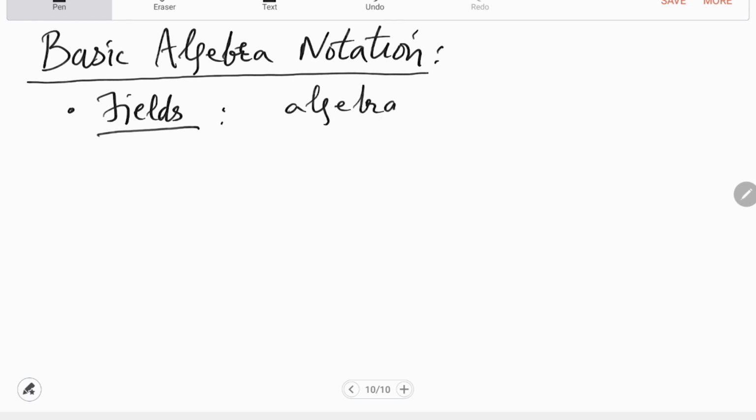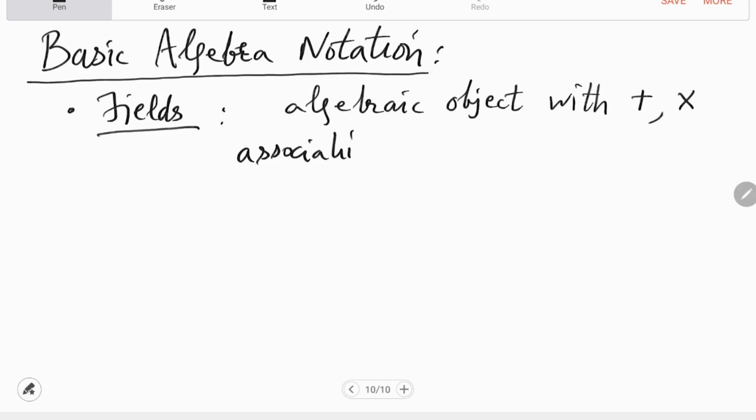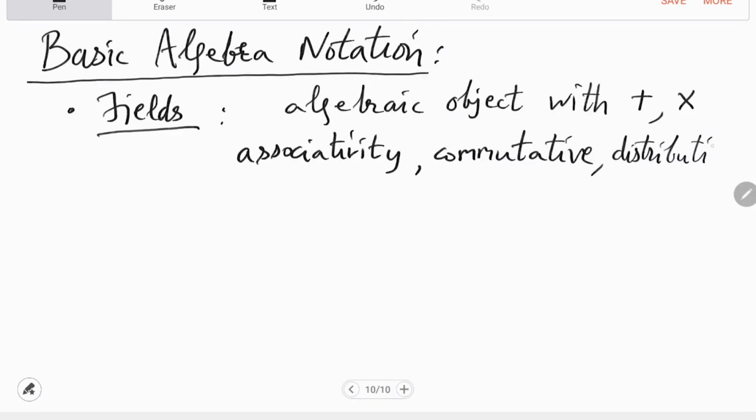So this is an algebraic object with addition and multiplication, and what you want is associativity, commutativity with addition and multiplication, and distribution should be there: multiplication should distribute over addition.